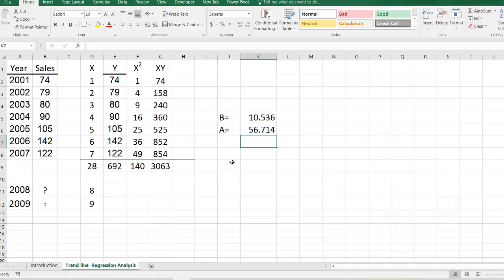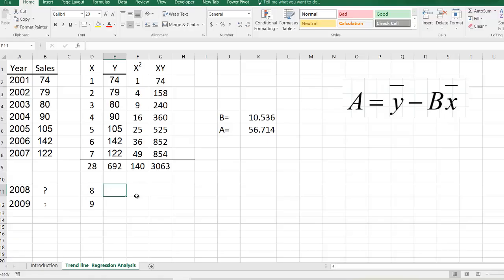And now, using these two values, we are ready to forecast the sales for 2008 and 2009 using the equation y hat is equal to a plus bx, using x equal to 8 for 2008 and x equal to 9 for 2009.